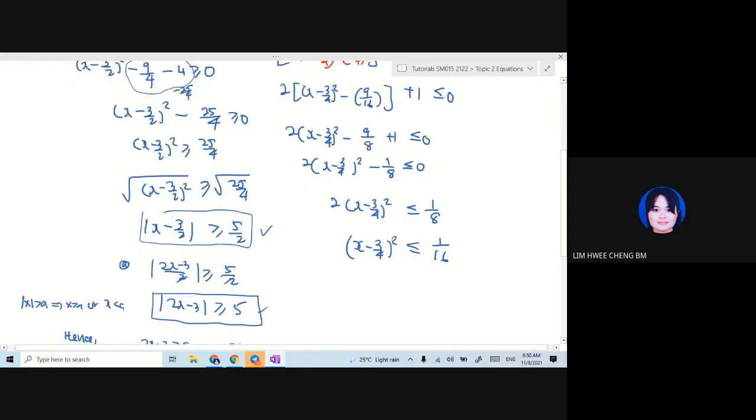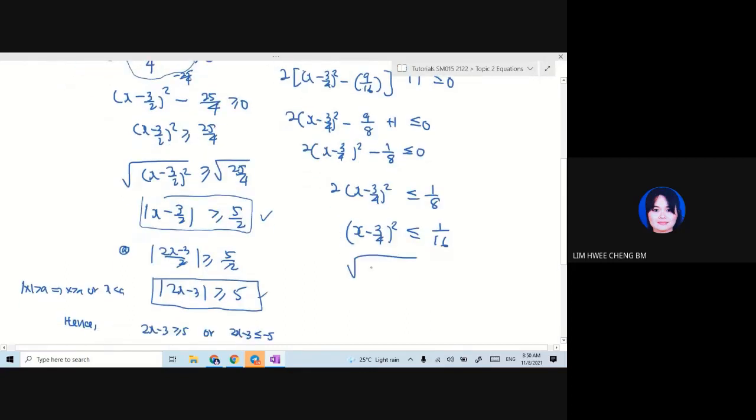Over 16 and you square root both sides. Ada masalah. Okay, you get it? Boleh? You may write in this way.